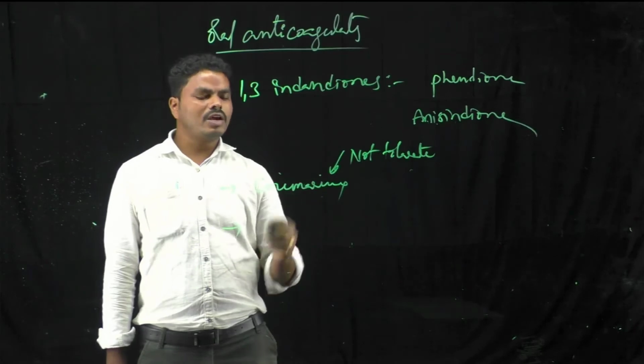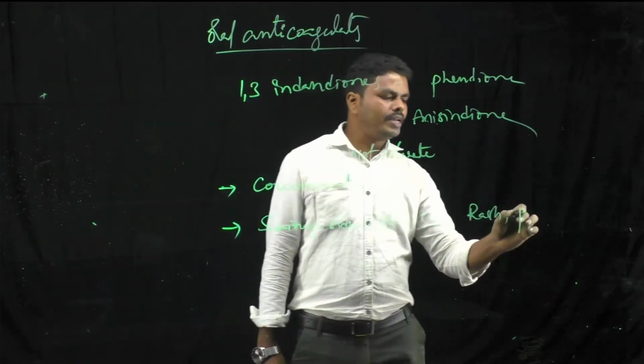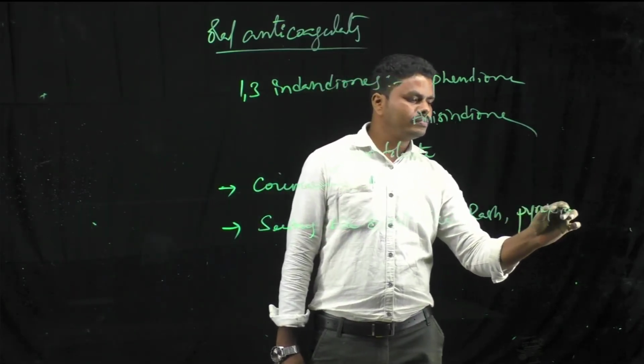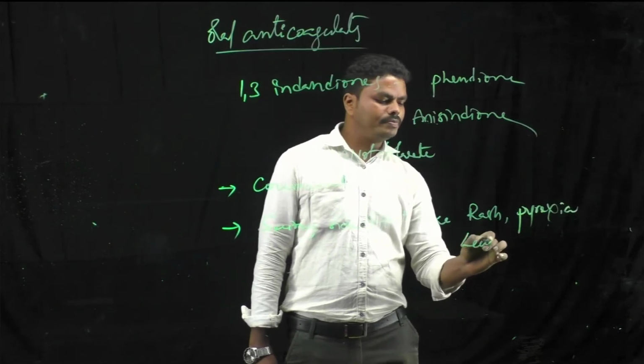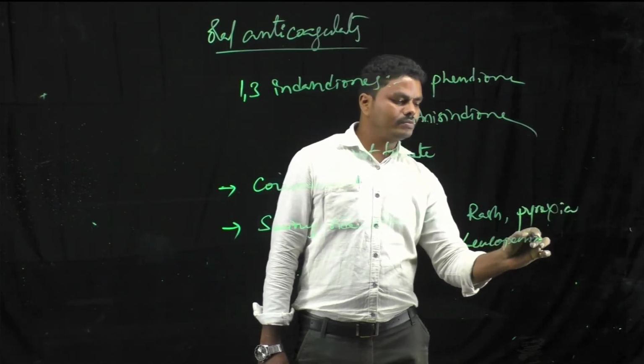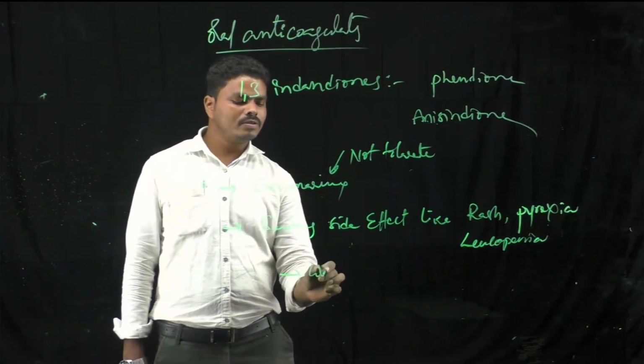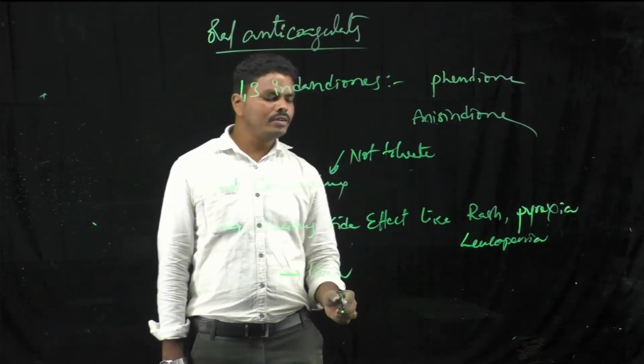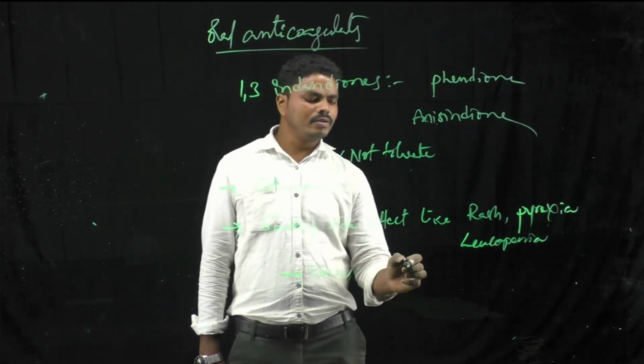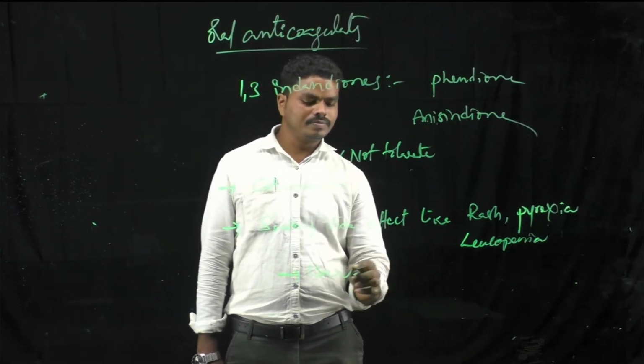These drugs have serious side effects, pyrexia and leukopenia. These drugs are also subjected to metabolism in the liver, and the metabolites are excreted in urine with a dark red color.